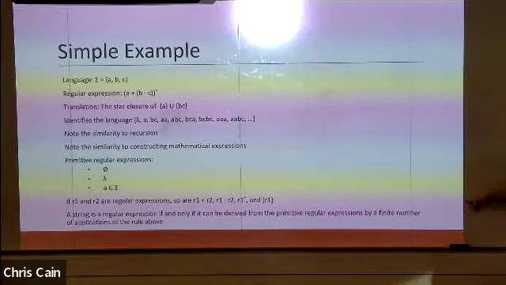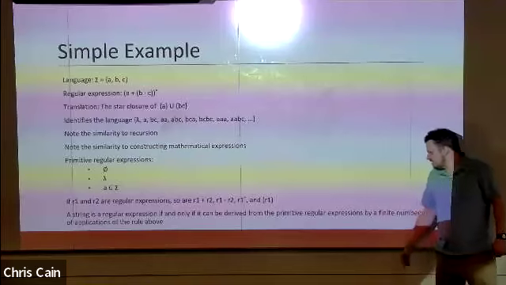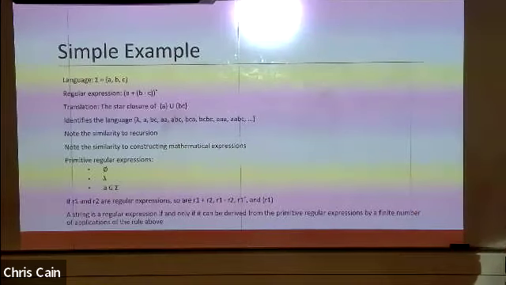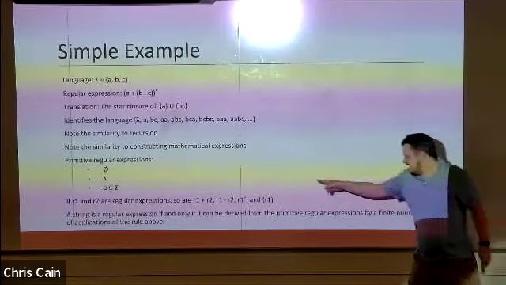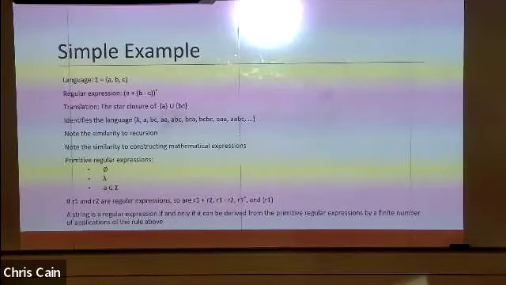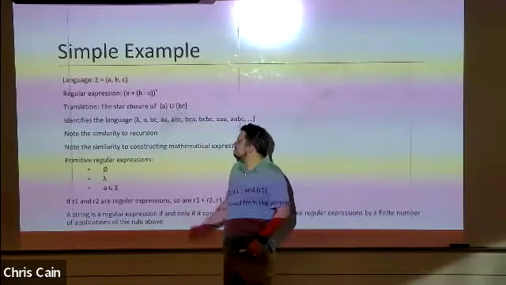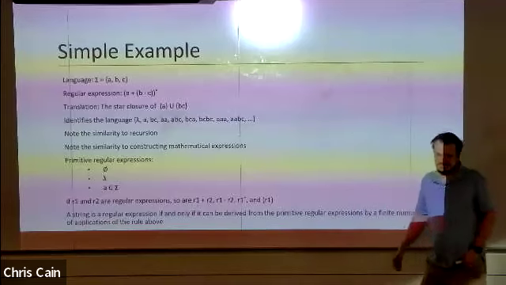We can define a regular expression string as something that can be derived from starting at any of the primitive regular expressions and applying a finite number of these applications. So if we wanted to do the one from above here, how would we do that?